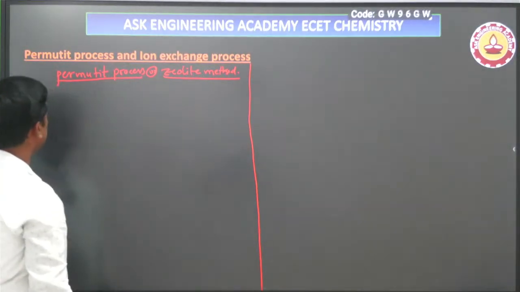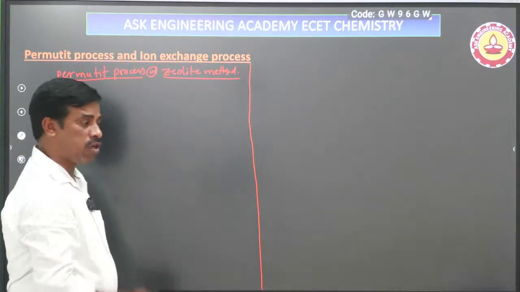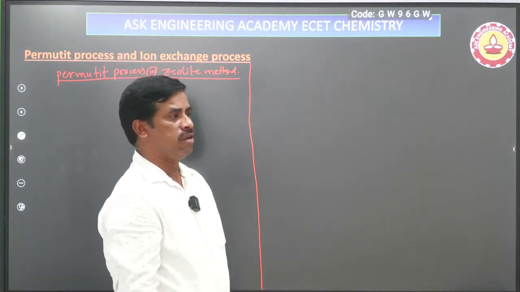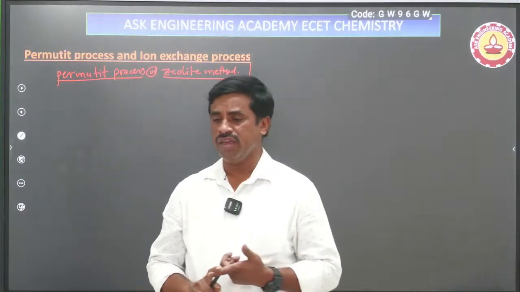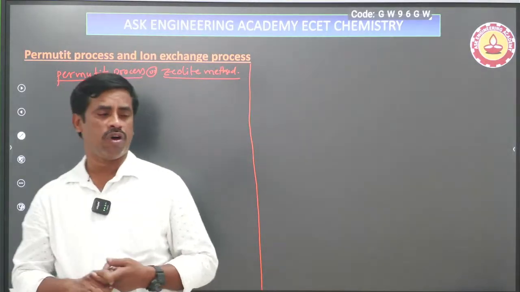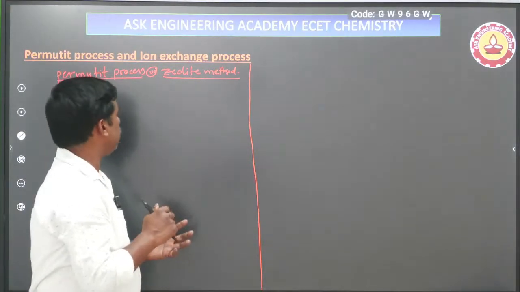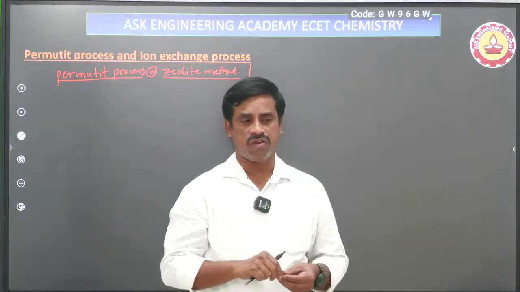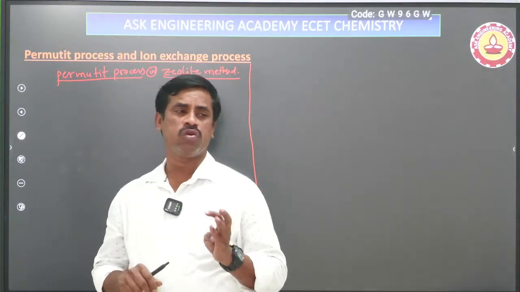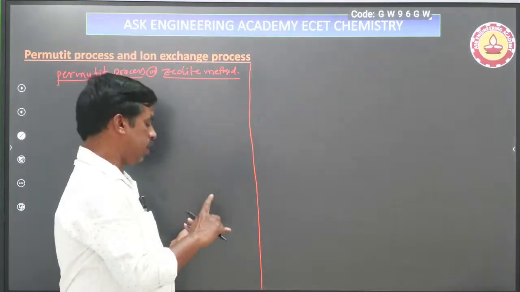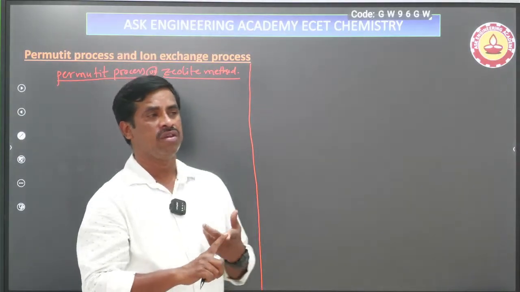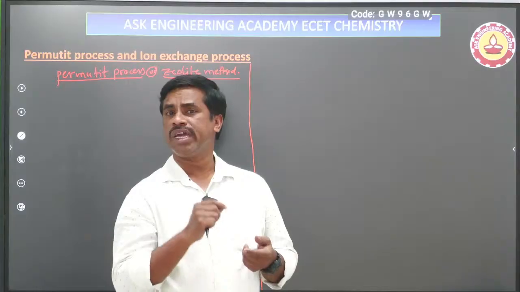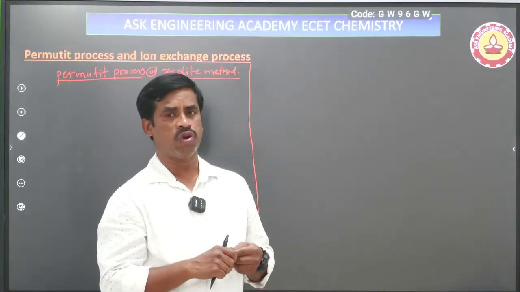Here listen, the permutit process is one of the water softening methods. Here zeolite is used as the water softening substance. Zeolite contains a large number of microporous structures.